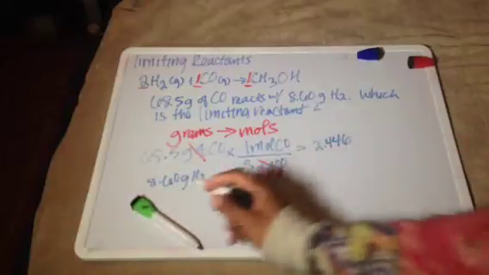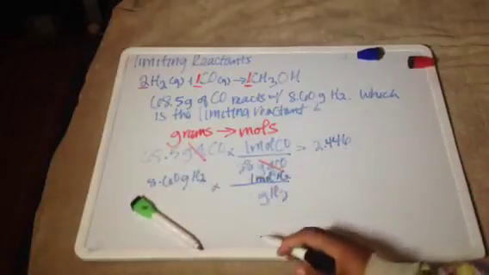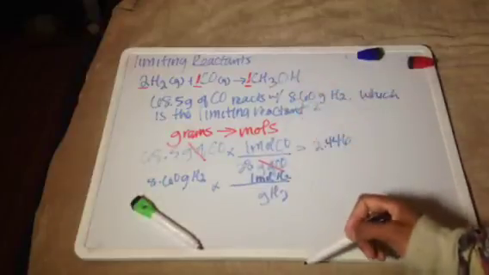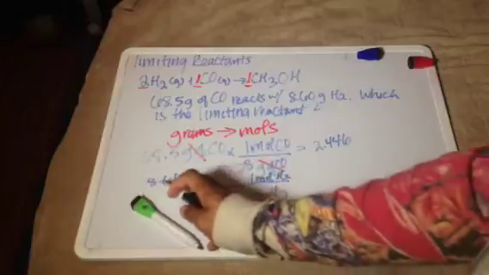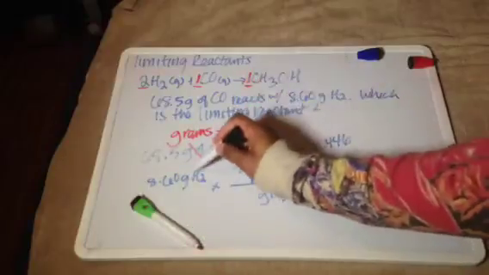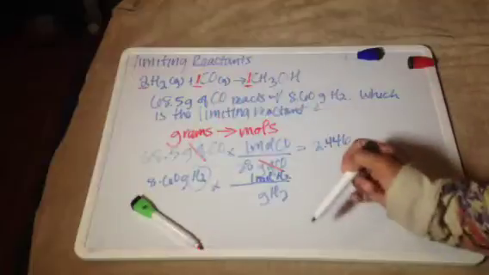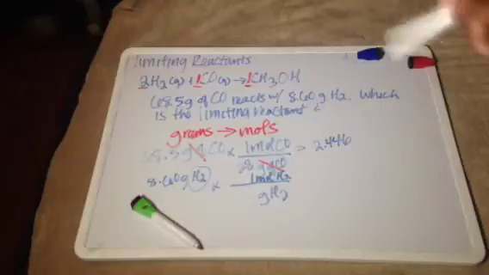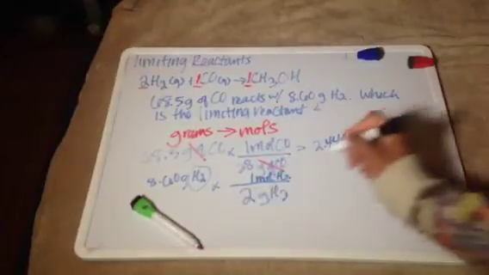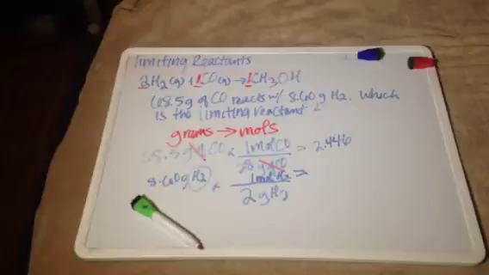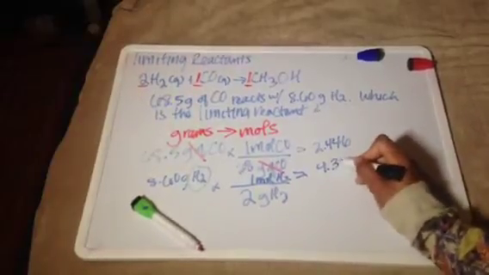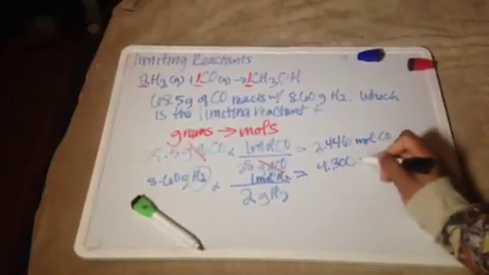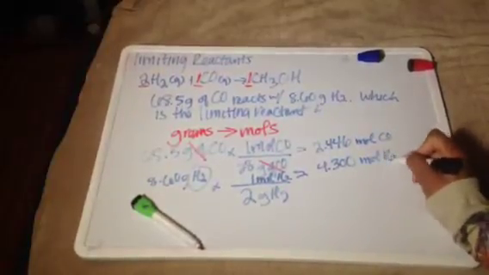So if we're starting out with 8.6 grams of hydrogen and we're looking to get the moles of hydrogen, then just like the problem above, what we're looking to do is divide this grams by the molecular weight of this particular element. We know that the weight of hydrogen is 1. We have 2 here. 2 and 1 is 2. The math for that is as so. And this is moles of carbon monoxide, moles of H2.